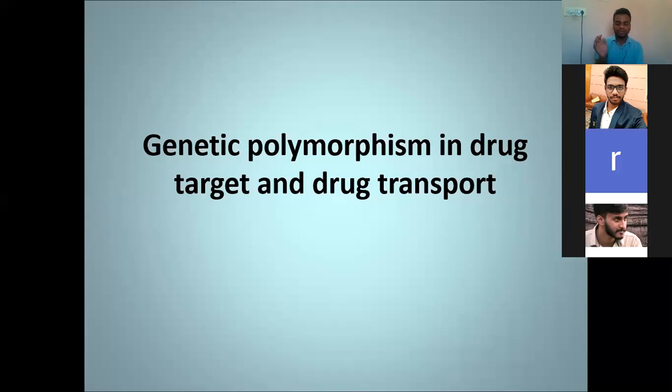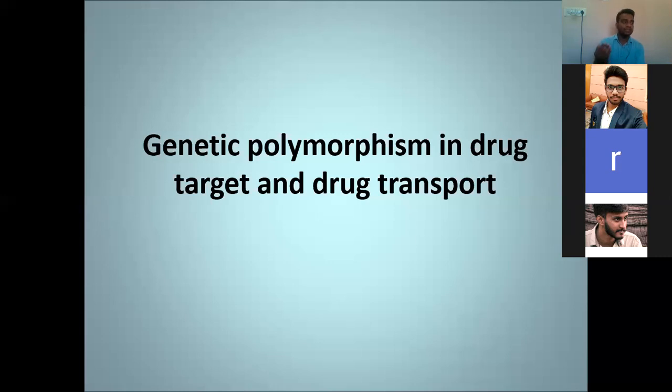Yeah, you are right, extracellular absorption, all those things. But here, there will be polymorphism at the transport level. Because of the polymorphism, there is an effect on transport of a drug, isn't it? So what effect can there be of polymorphism by affecting the transport?